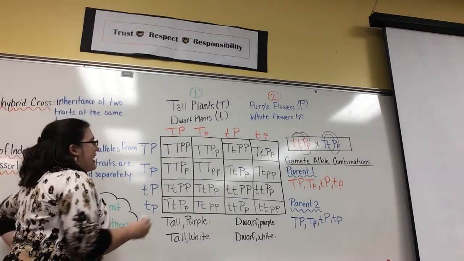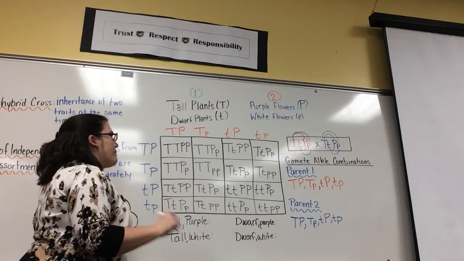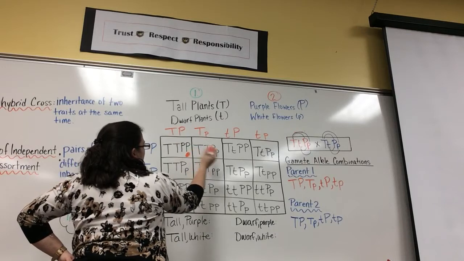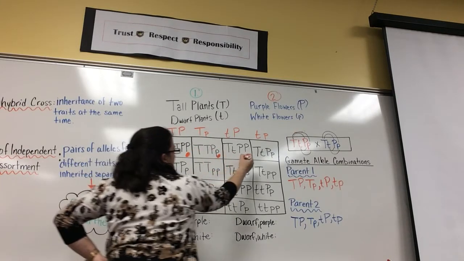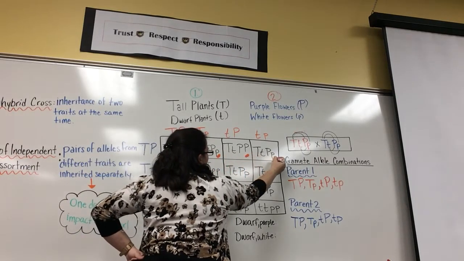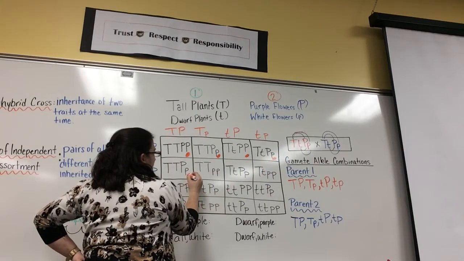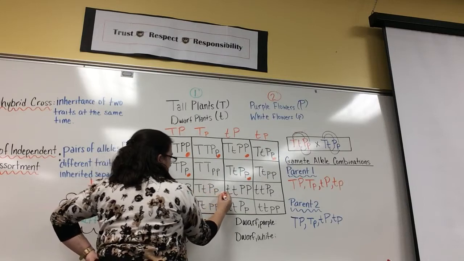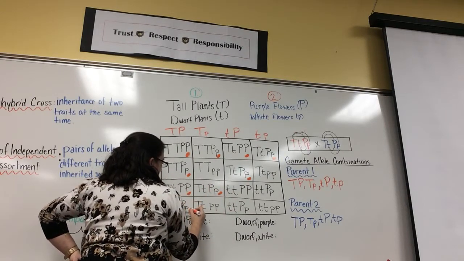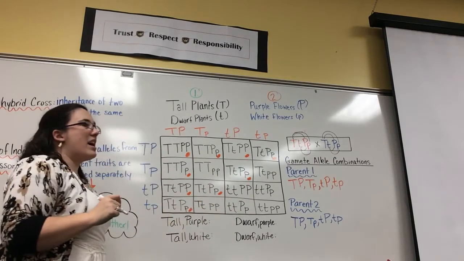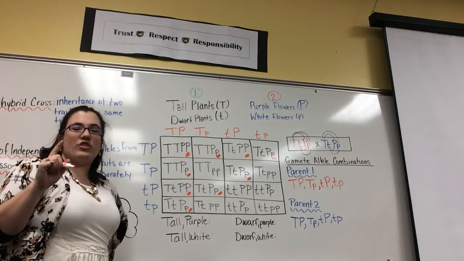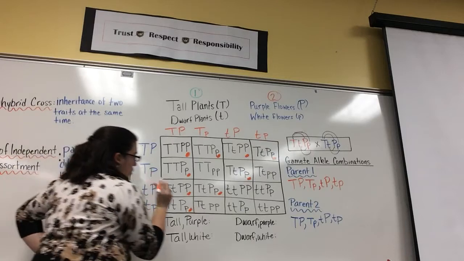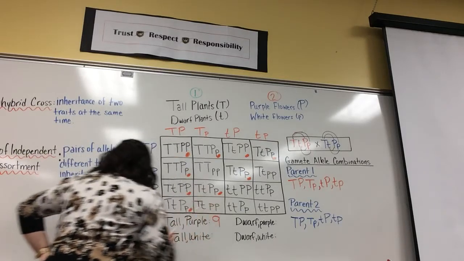So if we look here, any of them that have at least 1 big T and 1 big P: 1, 2, 3, 4, 5, 6, 7, 8, and 9. So we have 9 of them that have at least one dominant allele for each trait, which makes it tall and purple. So we have 9 of those.